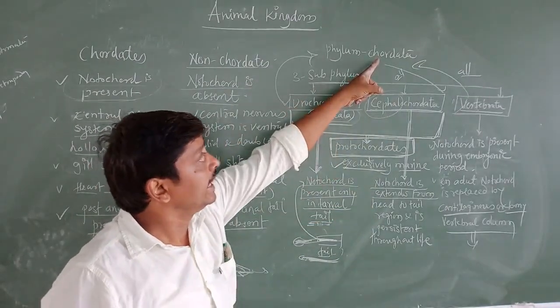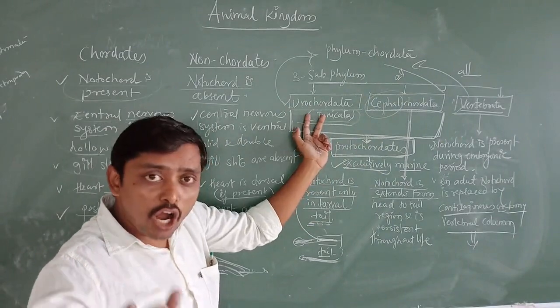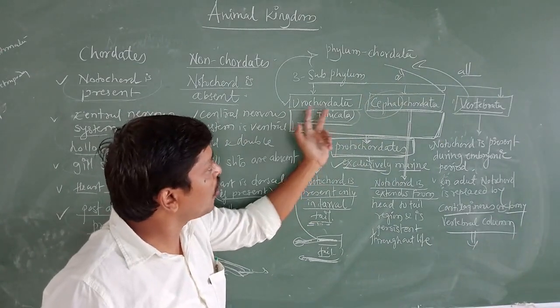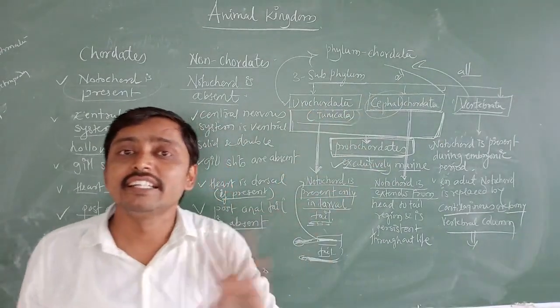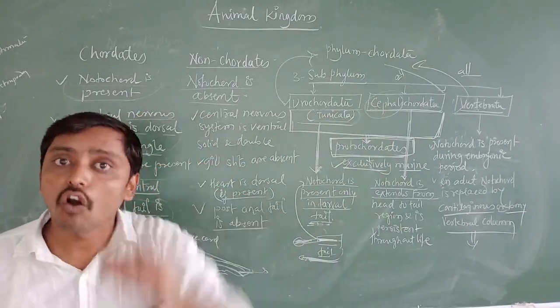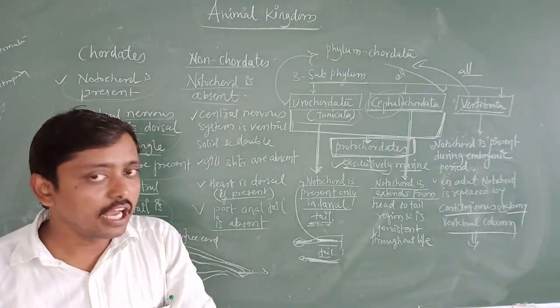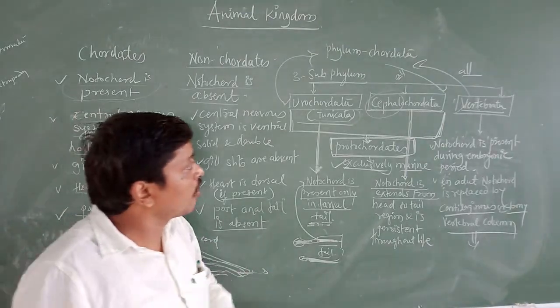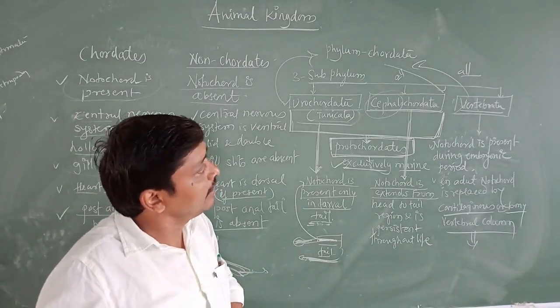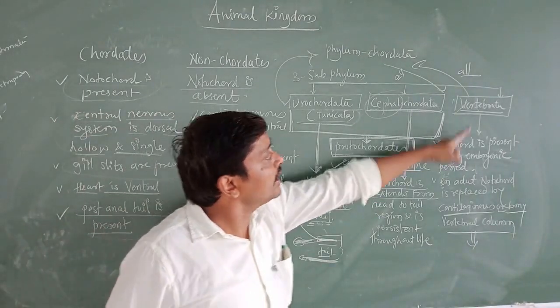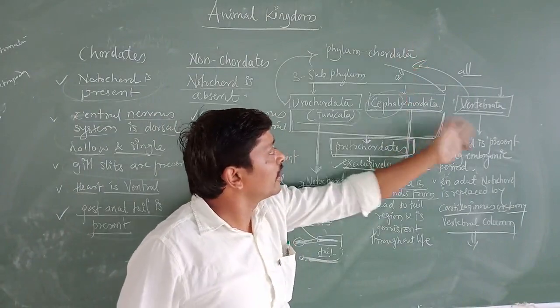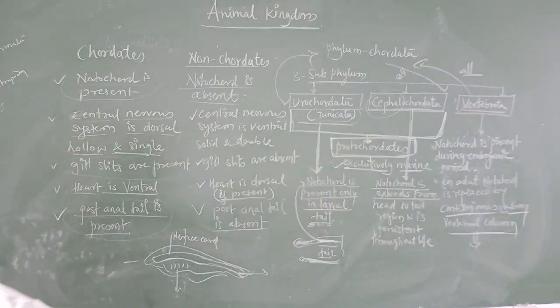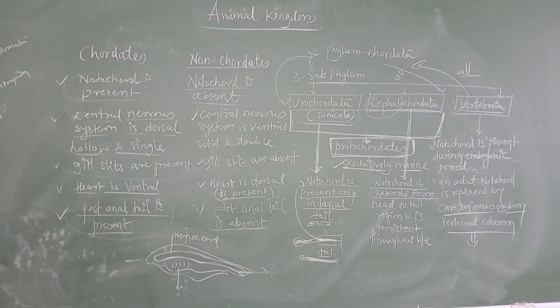But in chordates there are two other subphyla, urochordates and cephalochordates, and they don't possess the vertebral column. So the statement is written like that: all the vertebrates are chordates, but all the chordates are not vertebrates. Understood? Okay.